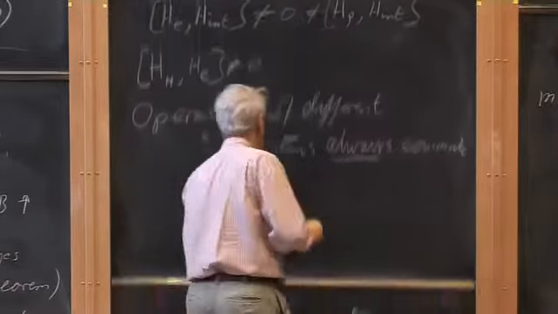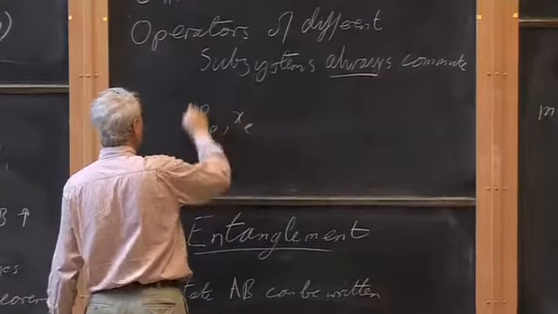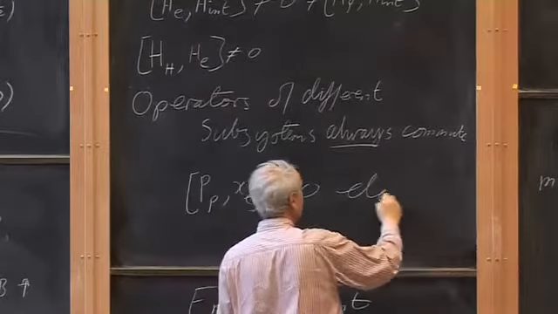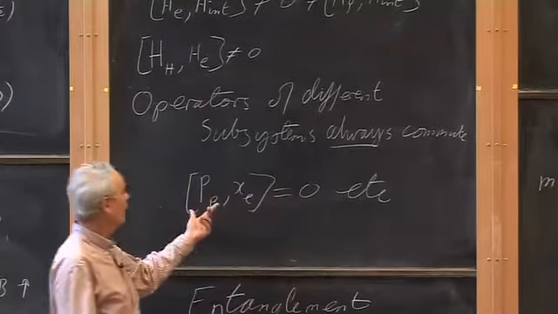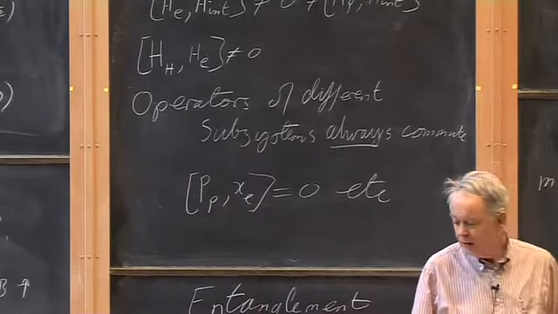Right. So, for example, the commutator of p proton and x electron is precisely nothing, etc. We do not have to worry about non-vanishing commutators of operators that belong to different subsystems. Okay.